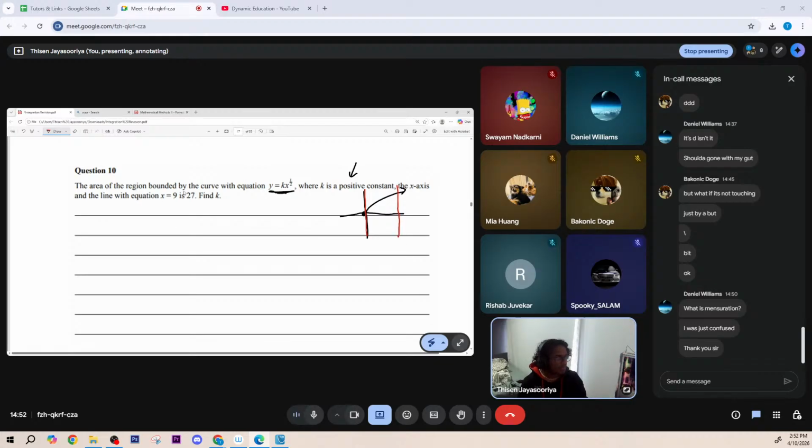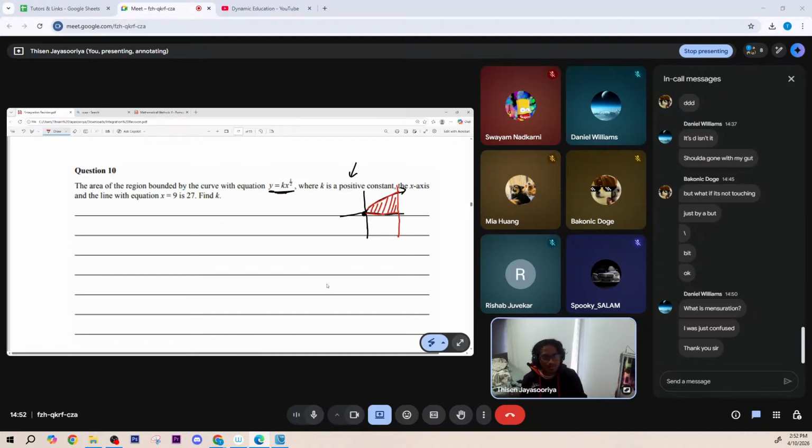And we're told that the bounded area between this curve, the line x equals 9, and the x-axis is equal to 27. I accidentally mixed up the x and y-axis earlier.